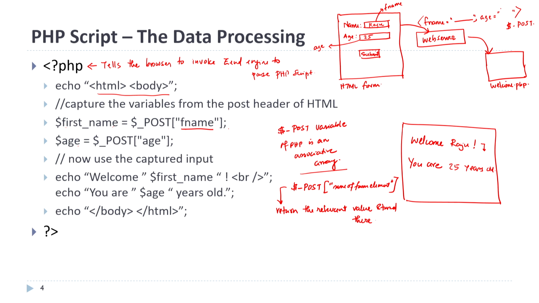In the PHP script, using the reserved variable $_POST, an associative array, with the name of the form element given as the key, you can retrieve whatever value is stored and assign it to the variable. Once you get the value in the PHP script, you can do whatever you want with that. All right, and then you close the HTML and this completes the PHP script.